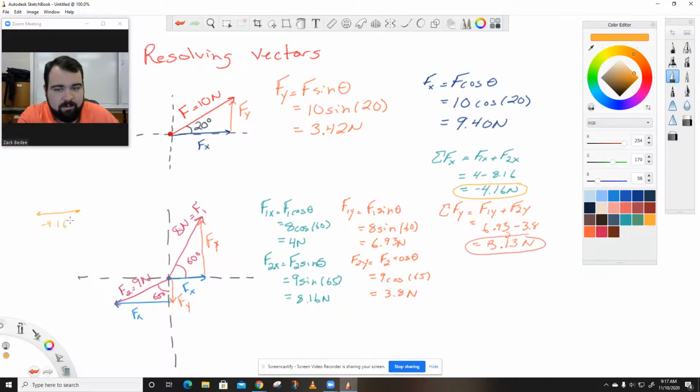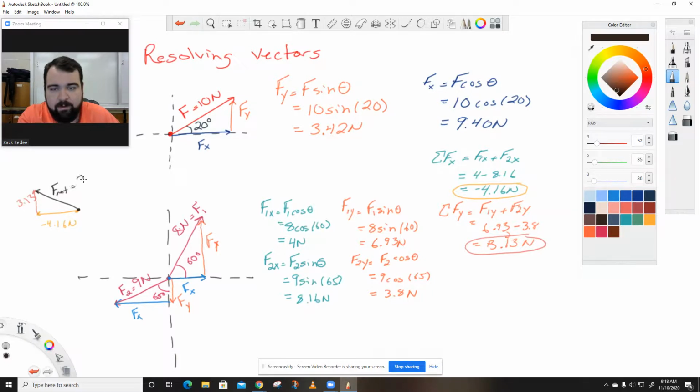And then we have a y component of 3.13. The total net force that we're looking for is from the origin to here.